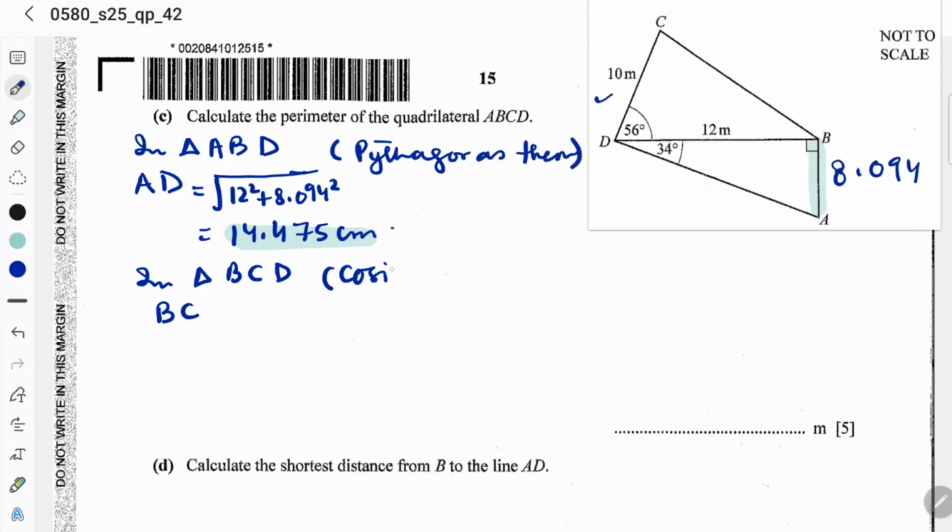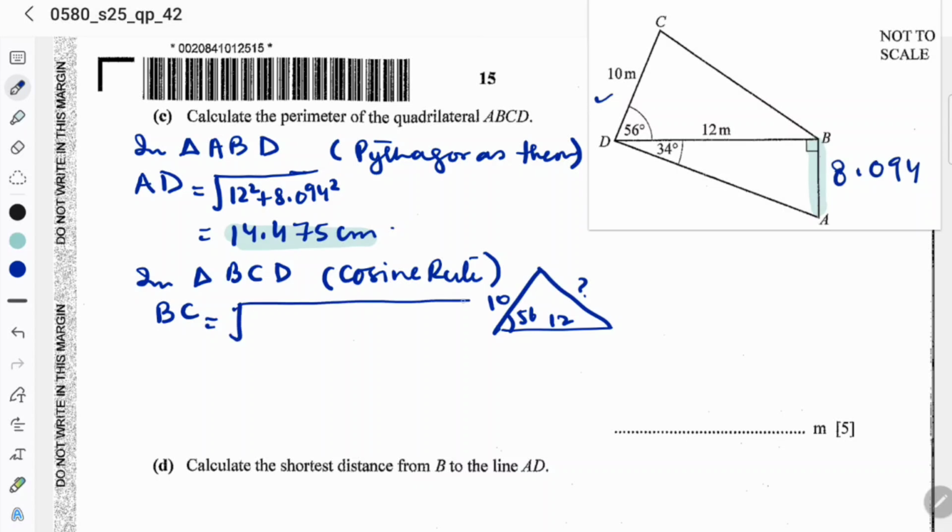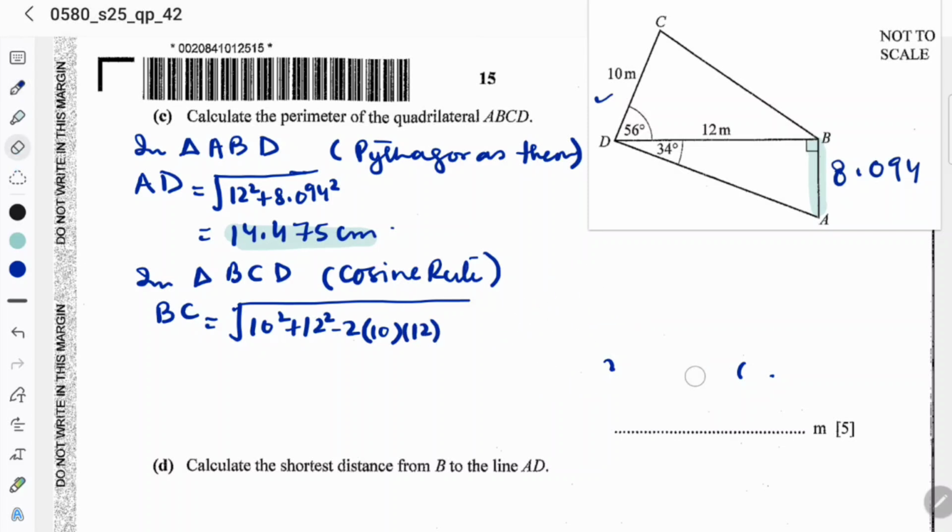So the cosine rule, because 2 sides and the included angle are given. This is your 10 and 12 and 56, and this side is required. So the side BC is the square root of, I'm just finding out directly, you can add more steps, 10 square plus 12 square minus 2AB cos of C. So the two sides are 10 and 12, minus 2 times 10 times 12 cos of 56 degrees.